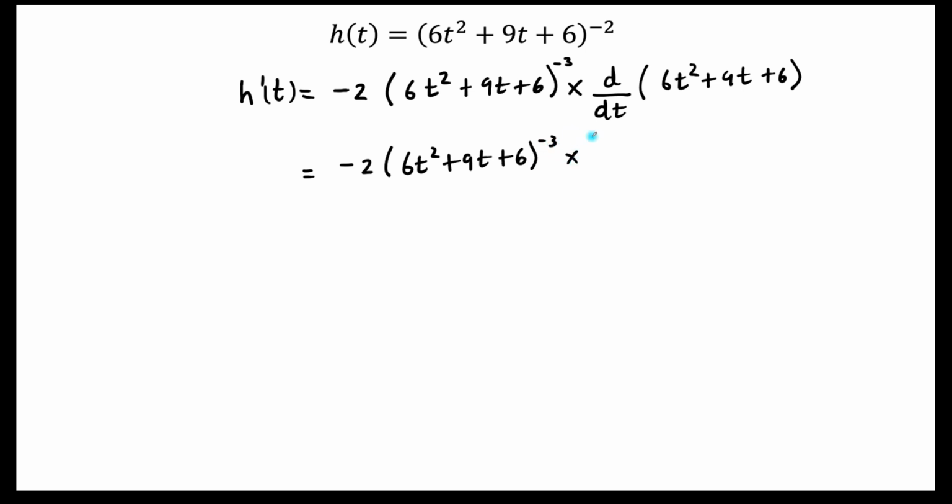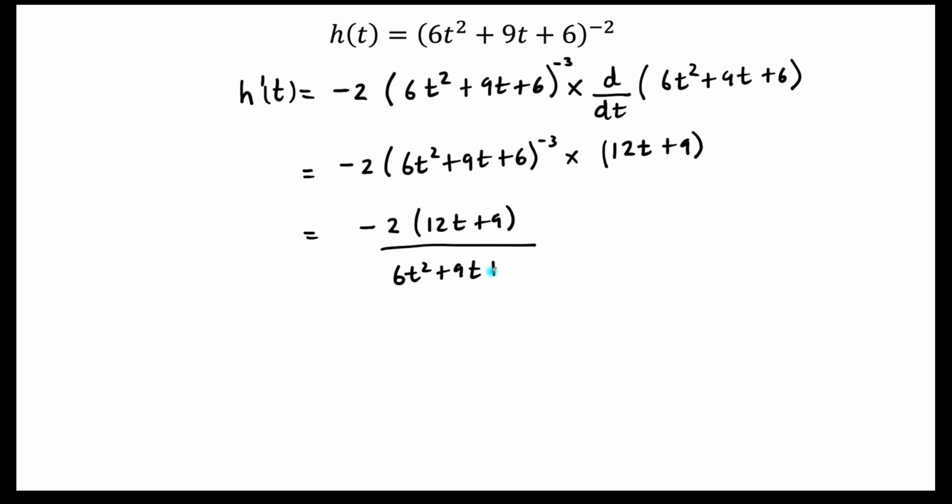Now times, we differentiate this, that will give me 12t plus 9. I can just put my final answer like so: I'll have 12t plus 9 over (6t squared plus 9t plus 6) cubed. That would be my final answer.